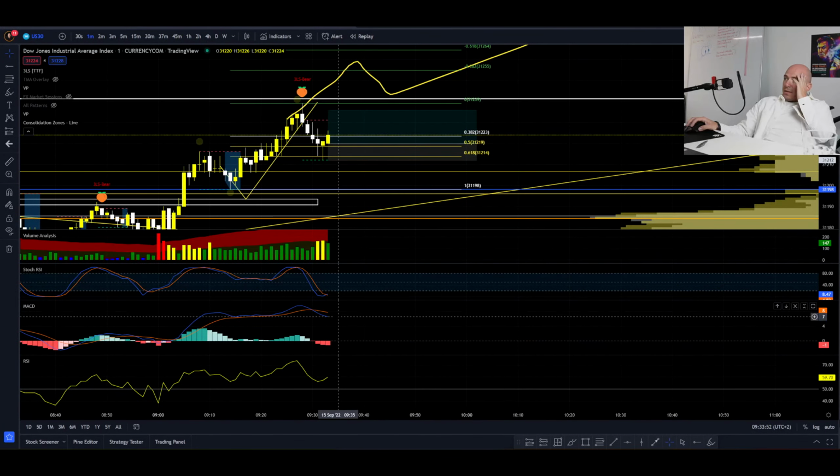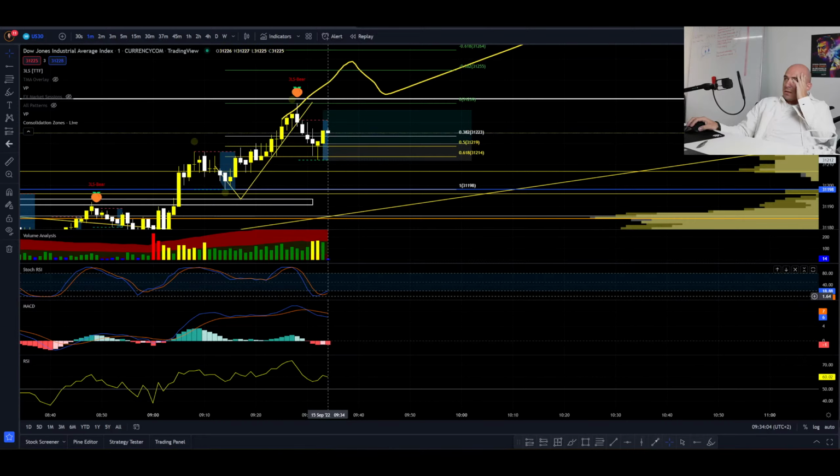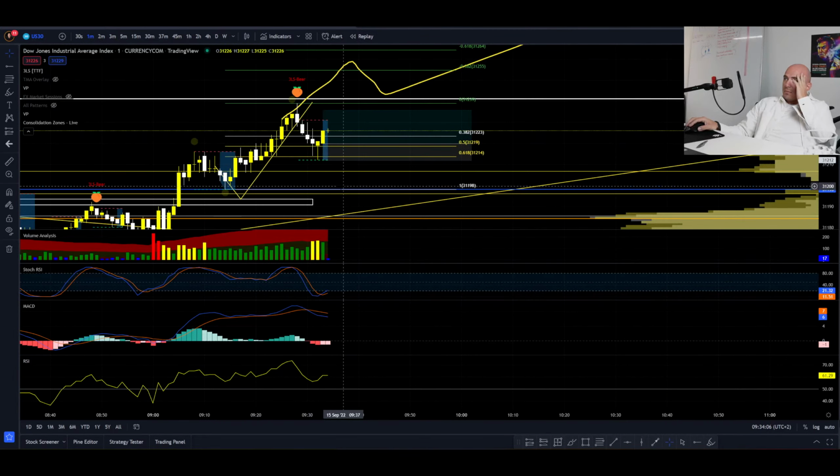All right. MACD showing bearish, but above the 0. No divergence on RSI. Stochastic crossing up.